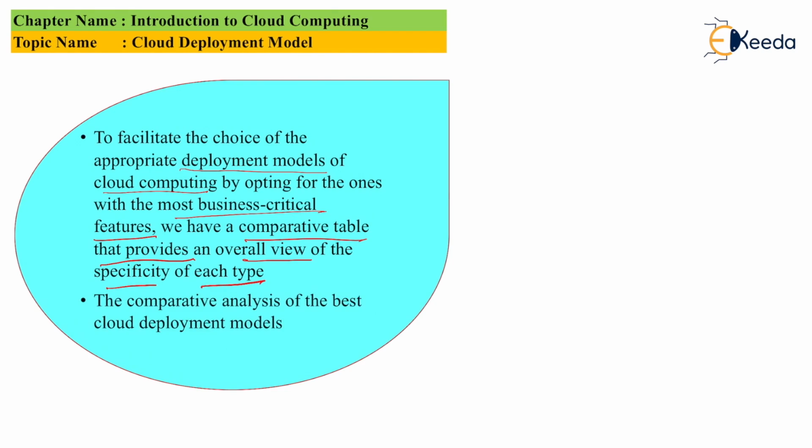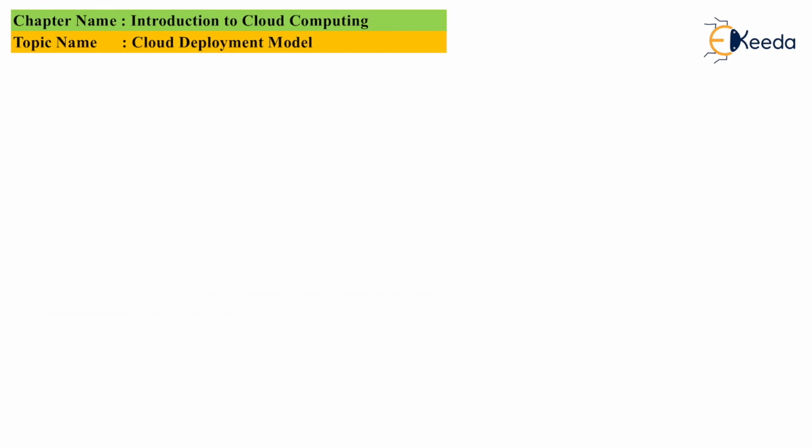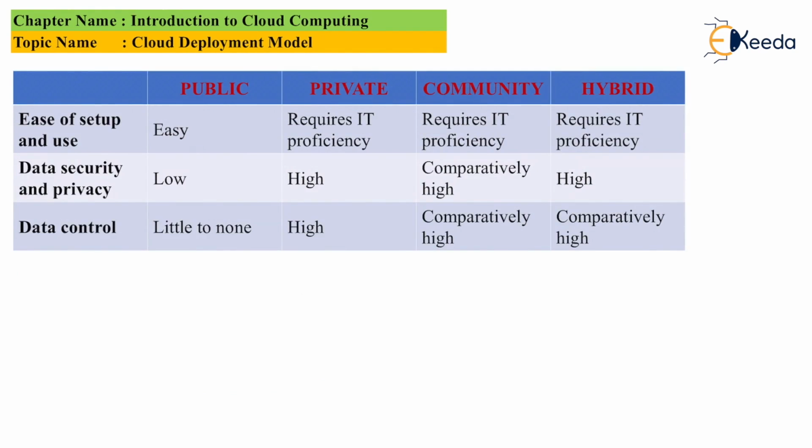Since we know we have four deployment models, that is public, private, community, and hybrid, the comparison between these is as per the following points. Ease of setup and use: public cloud is easy to set up and easy to use. Private cloud requires IT proficiency. Community cloud also requires IT proficiency, and similar is the hybrid cloud.